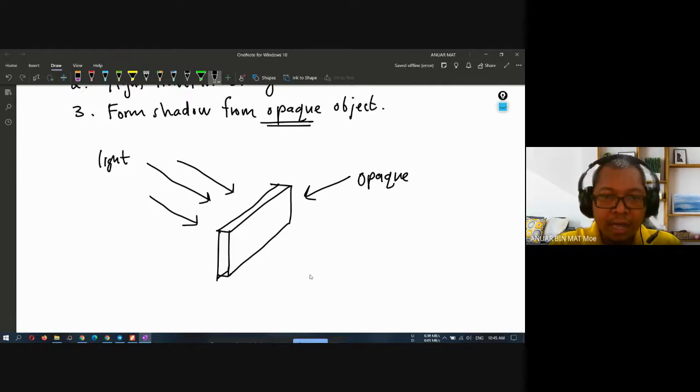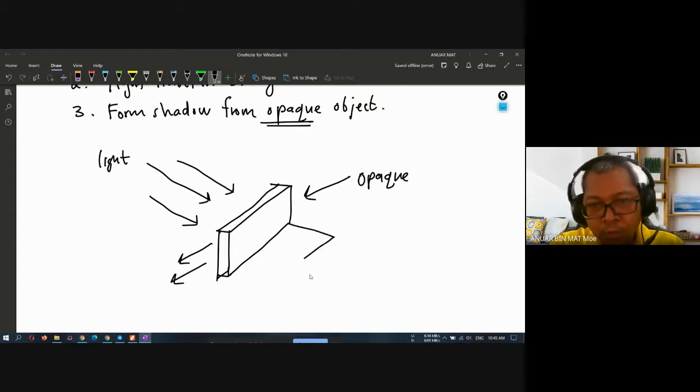What happened to the lights? The lights will be reflected away. And then what happened behind the object? What is formed behind the object?